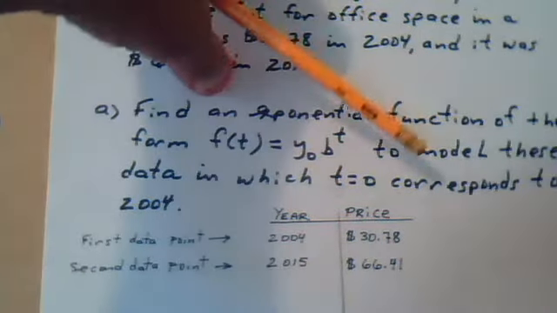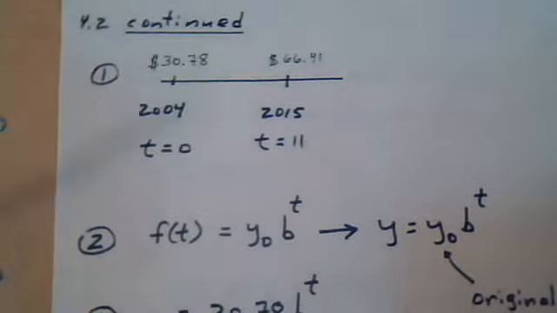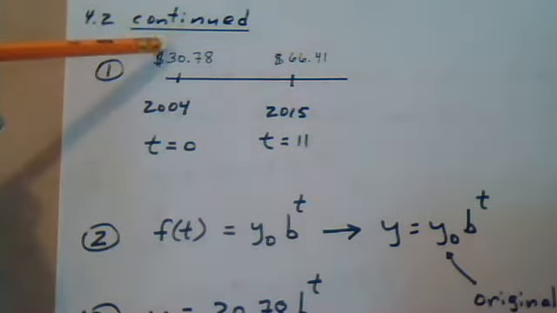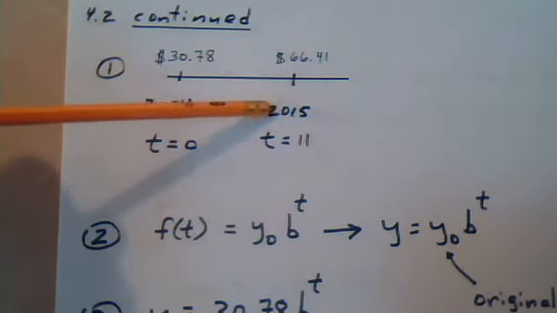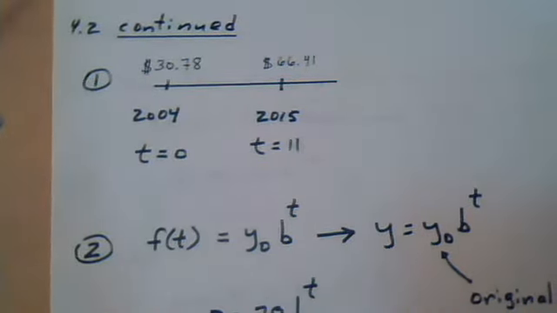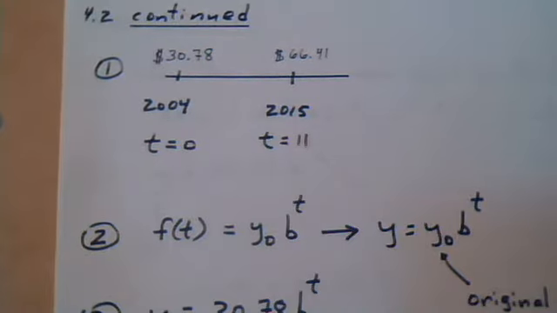Or you could use a timeline. Notice in the year 2004, the price was $30.78. In the year 2015, the price was $66.41. So instead of a table, you could use a timeline. It's your choice.